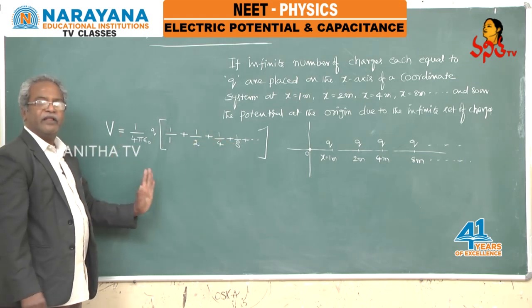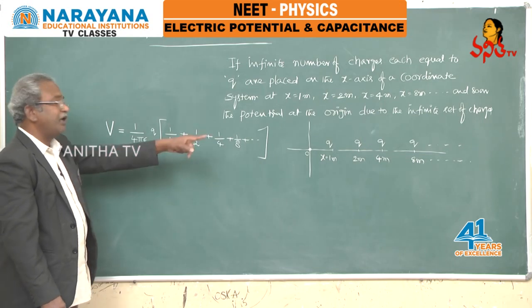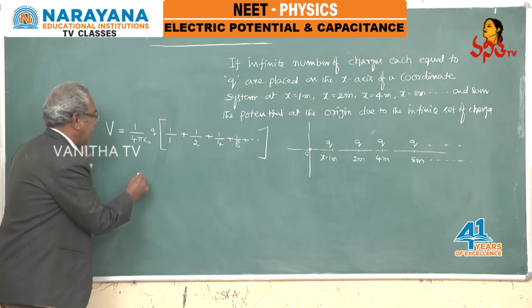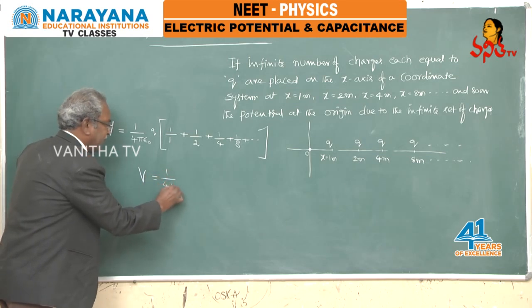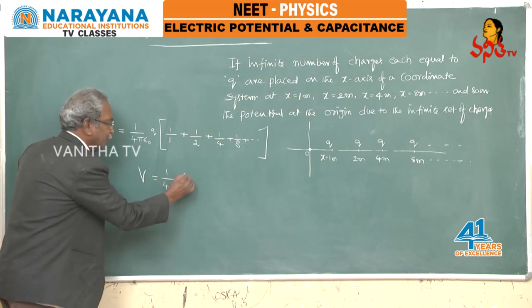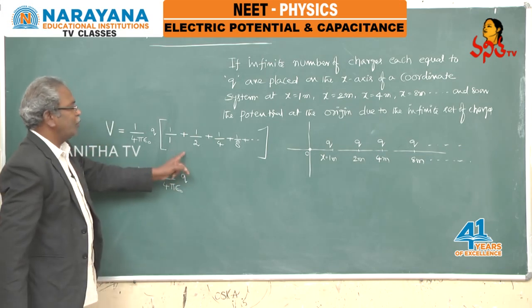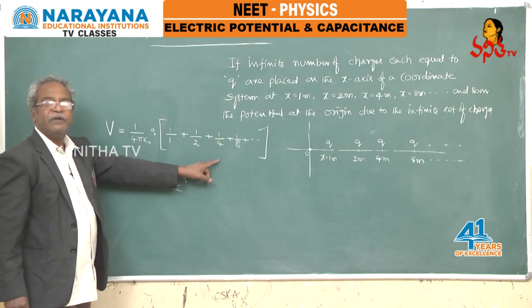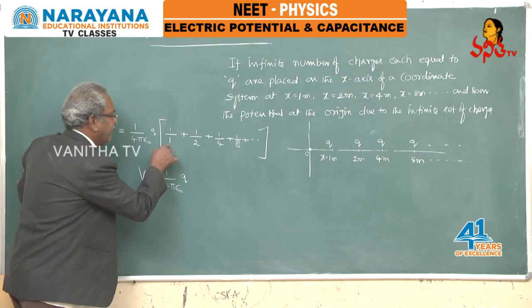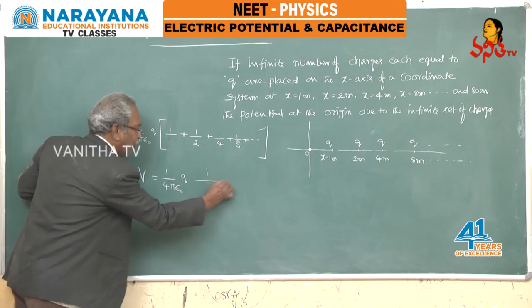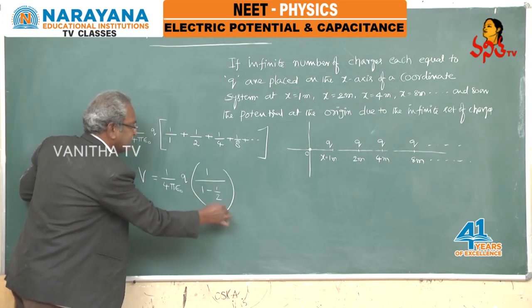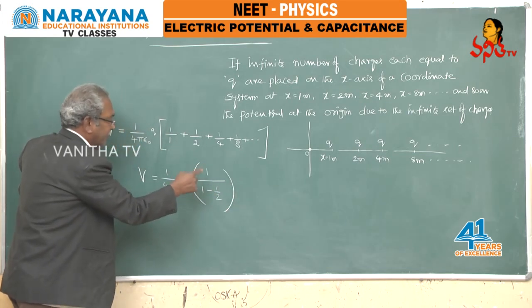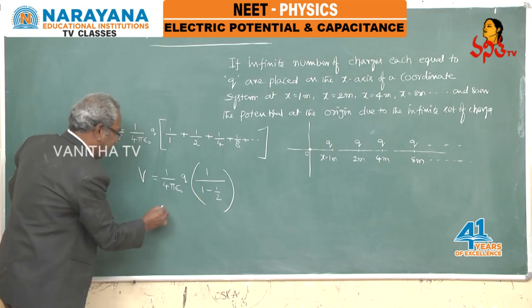Therefore, the net potential at the origin will be V equals 1 by 4 pi epsilon naught q times the sum to infinity of a GP like this. The sum is the first term, which is 1, divided by 1 minus the common ratio.